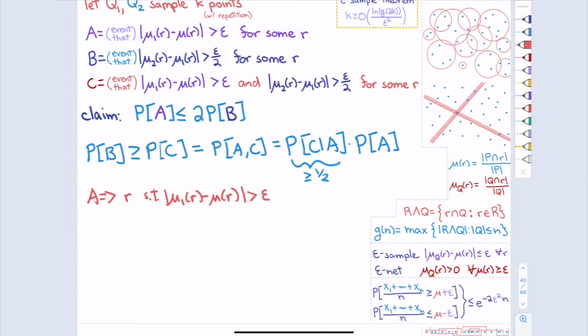Okay. So mu1 screwed up R, and I want to argue that mu2 and mu1 will probably disagree. Sort of look at the measure of points that are in Q1 and the measure of points that are not in Q1, and then argue that if you sample K points from these two sets joining.